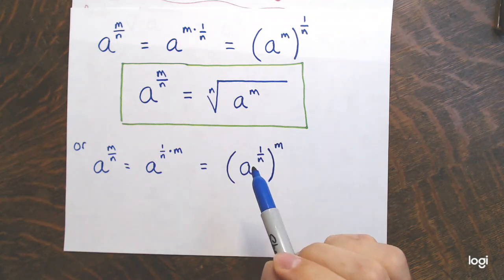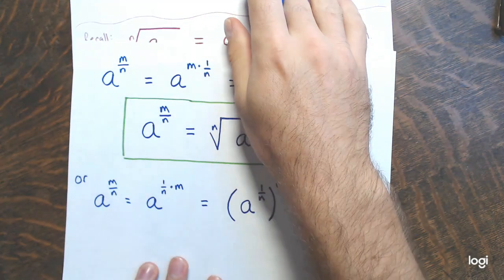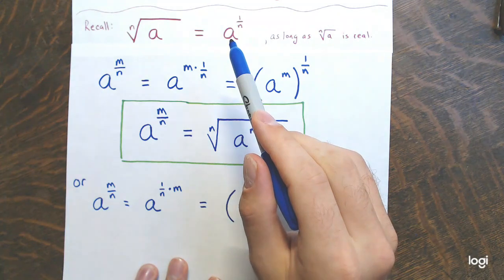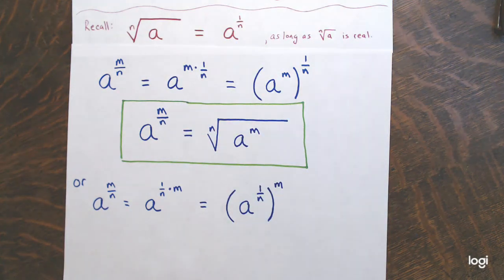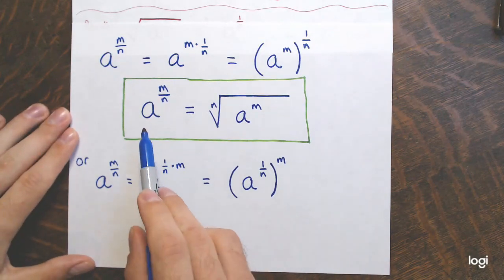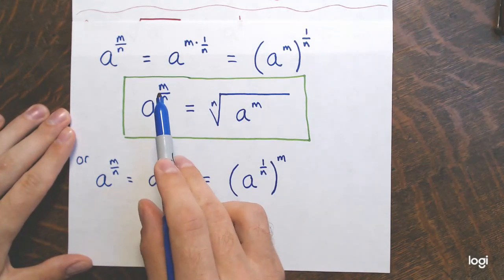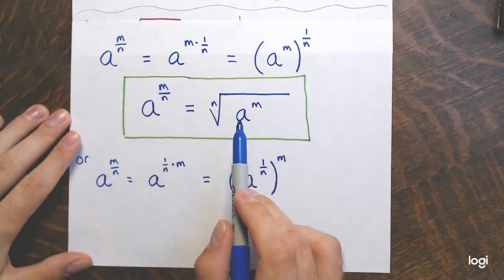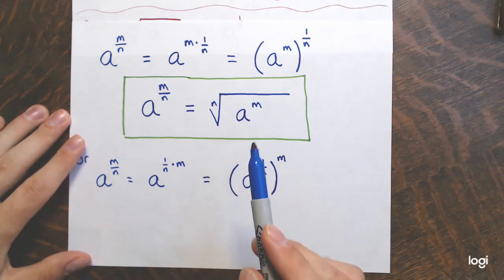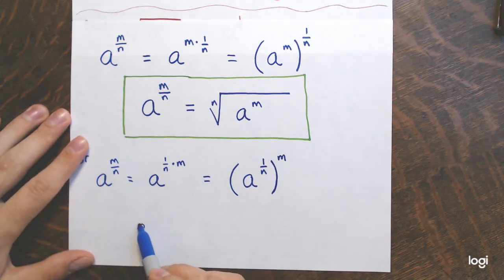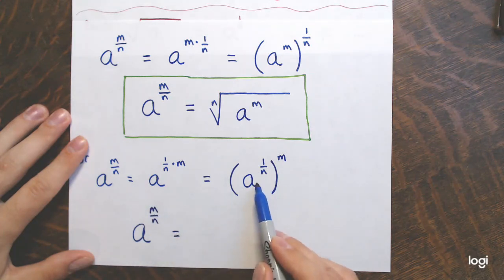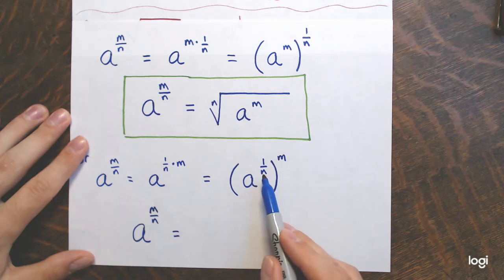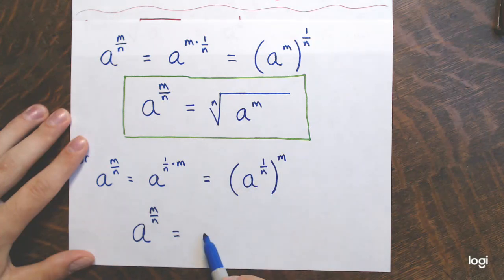I can write that as a radical, right? That's this relationship here. Whenever you see an expression to the 1 over n, you can write that as a radical. Okay, so we're also seeing, not only can I write a to the m over n as the nth root of a to the mth, where the m is on the inside, but I can also say that a to the m over n is equal to, and then you see how this is the nth root of a as the base, right?